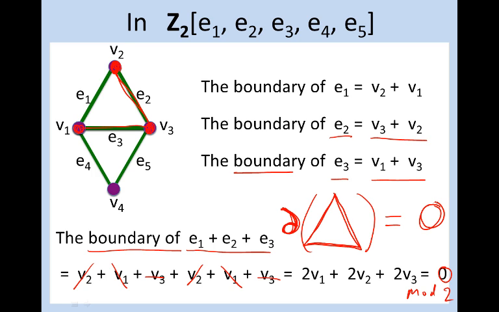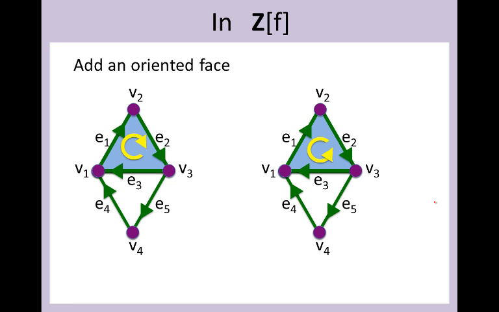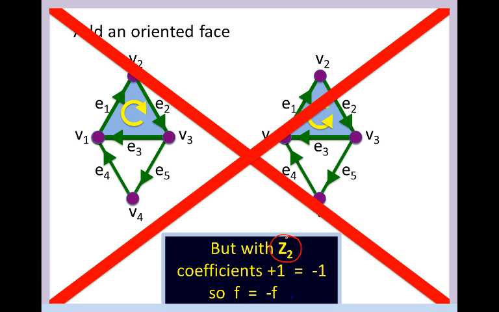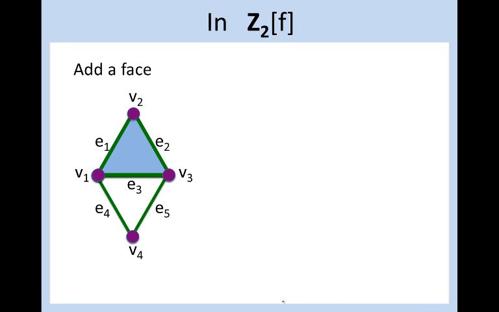If we now look at faces, if we have oriented faces, there are 2 possible orientations, clockwise and counterclockwise, or F and minus F. But with Z mod 2 coefficients, 1 equals minus 1, so F equals minus F. Thus, with Z mod 2 coefficients, we never need to worry about orientation. So all our complexes will be unoriented.